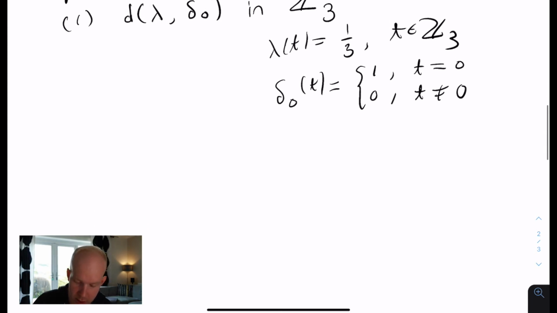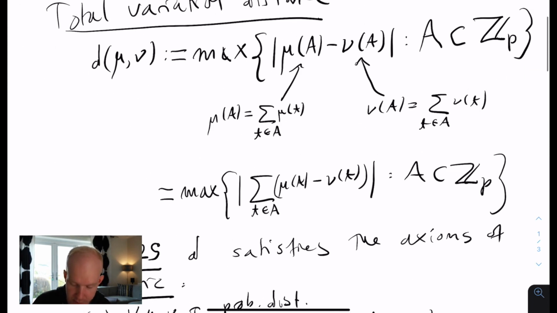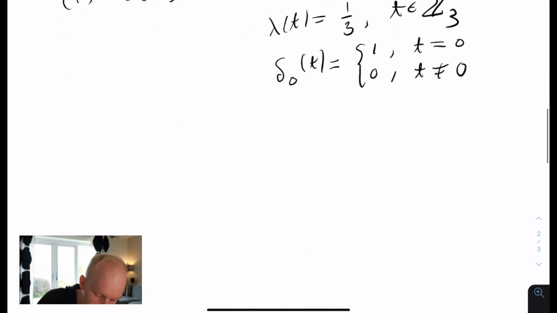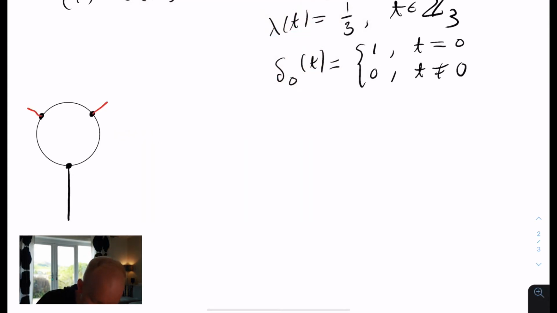Let's just use the definition, so we have this maximum over all the subsets. Before doing anything, you take the set here, this is your Z3. You have all the mass for the other one here, and then maybe I use another color, you have this split into these 3 parts.